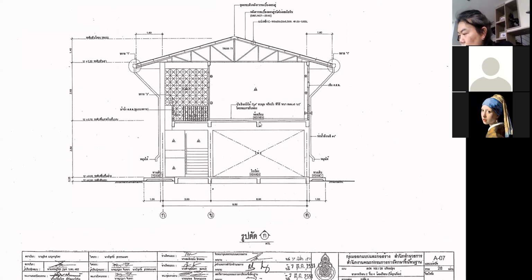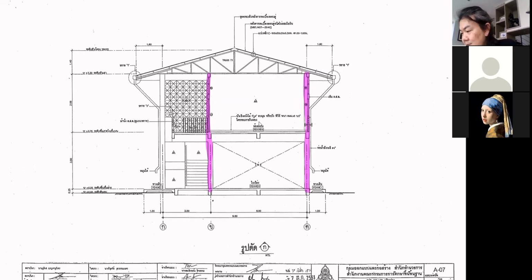Instead, your columns are going up from here and then there. In fact, if you look at your truss, you have the supports here, and that becomes a cantilever portion. And that's your truss.